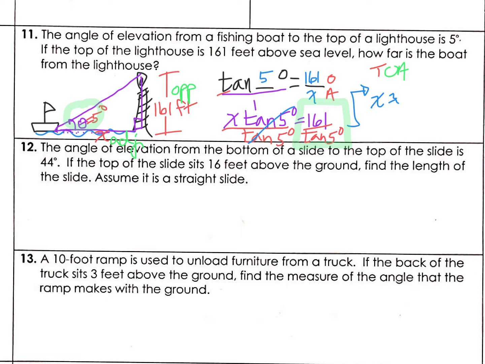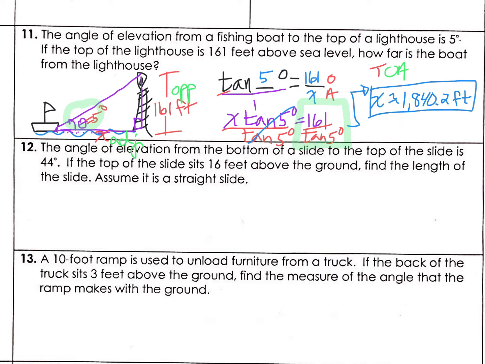And I get 1,840.2, and then because they gave us the tower's height in feet, this must be in feet. So make sure you put in your units of measure.